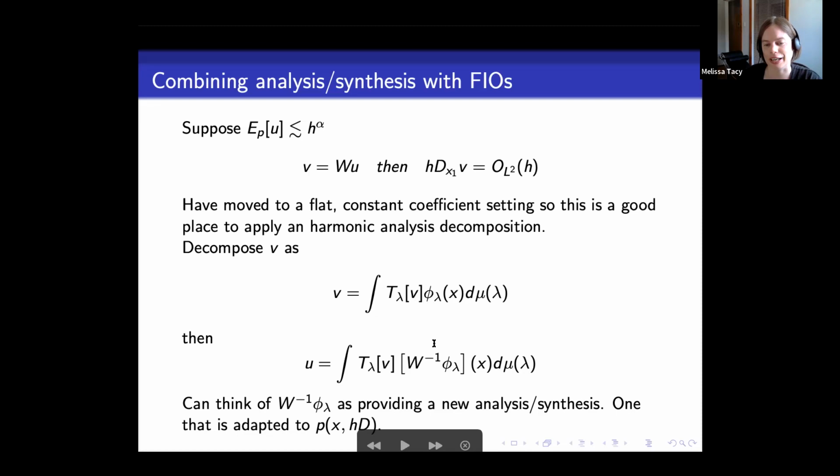Then I get a new analysis synthesis where the analysis functions are given by W inverse applied to phi lambda. And this is what I mean when I say that it's adapted to P. It's adapted because if you choose an analysis synthesis that works really nicely with HDX1 equal to 0, then your new analysis synthesis is going to work really nicely with P of U equal to 0. So you're using this to build a new analysis synthesis that sort of matches your operator.